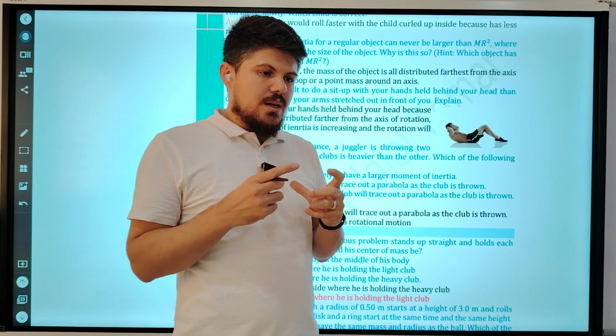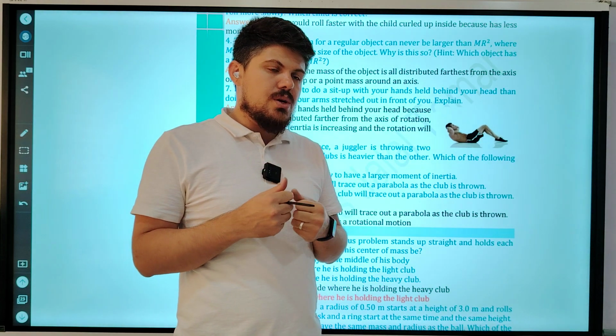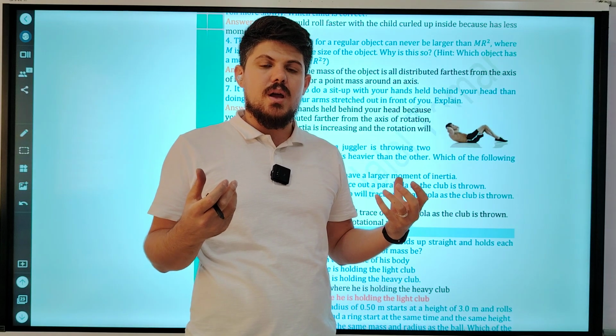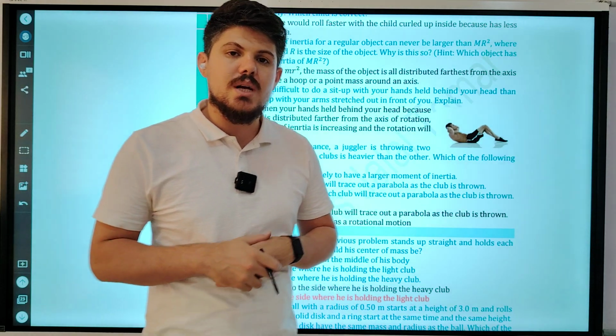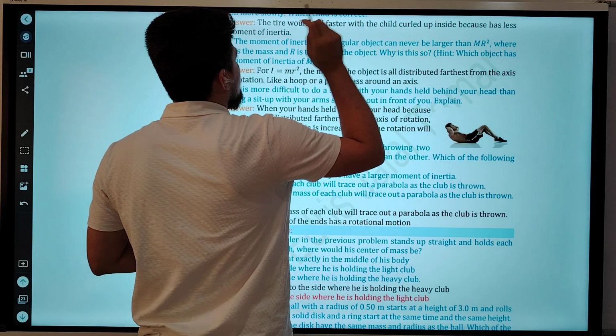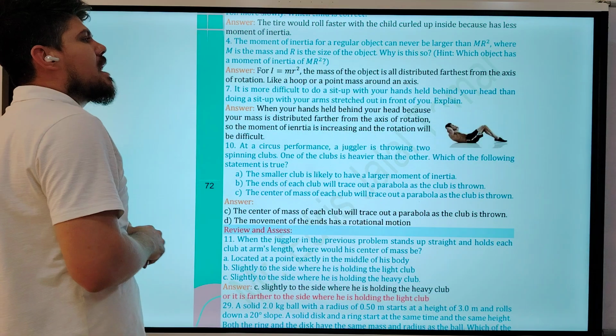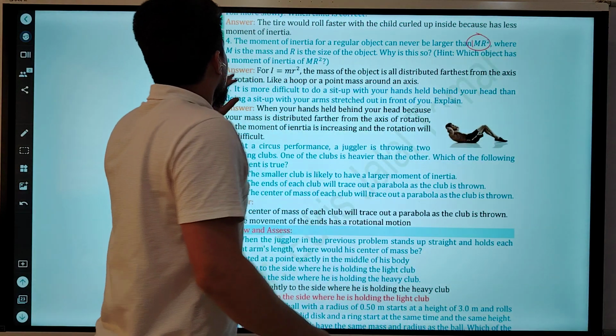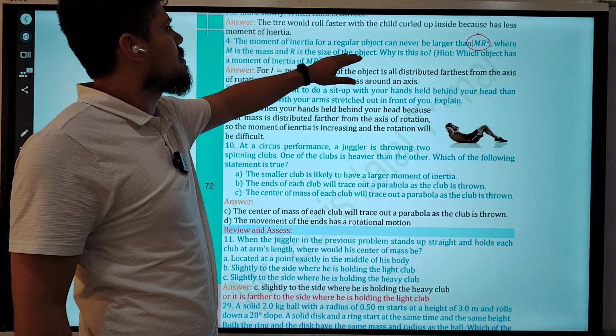Because for the ring, we cannot distribute mass farther out. Okay? So that is why the moment of inertia for a regular shaped object can never be larger than 1 mr squared, where m is mass and r is the radius or size of the object.